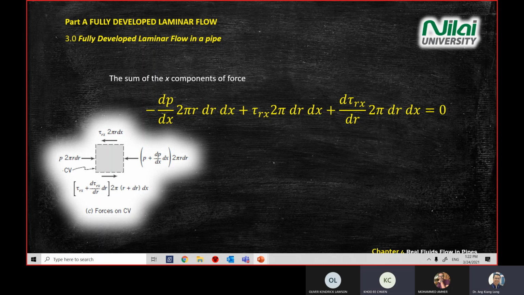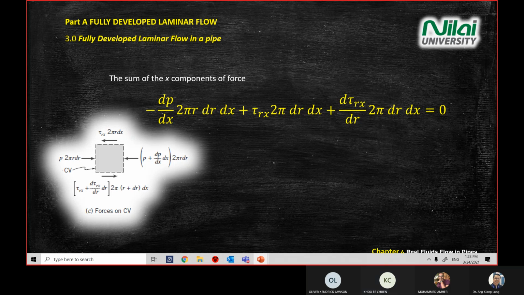Look at this equation that you see on the screen here. There's one equation missing here. How many forces do you see in this equation? Three. So on the control volume itself, how many forces do you have?